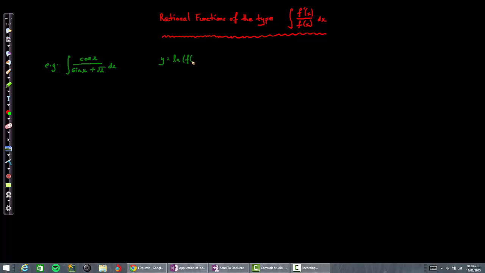So let's say we had the natural log of some function of x, and let's take a simpler, just a polynomial type of example. So let's say we had the natural log of x squared.